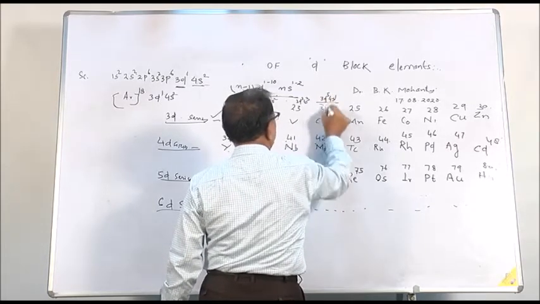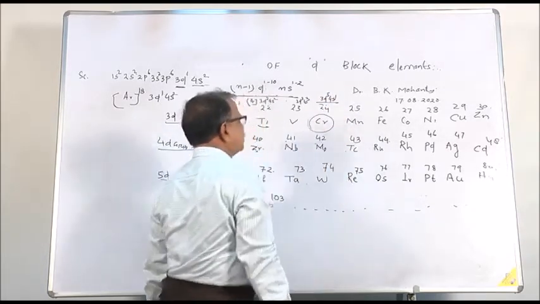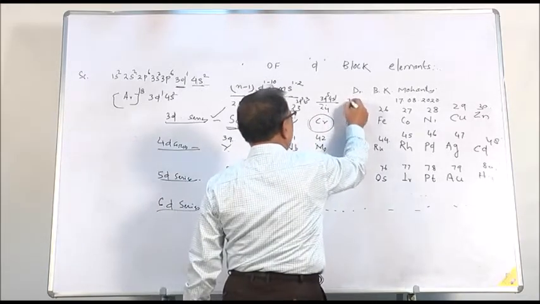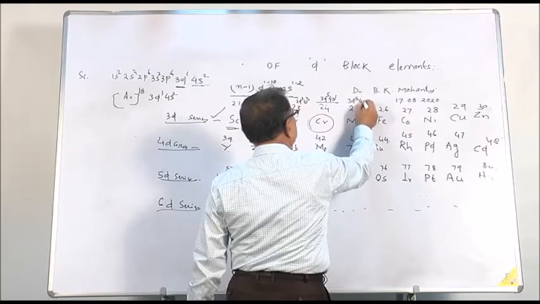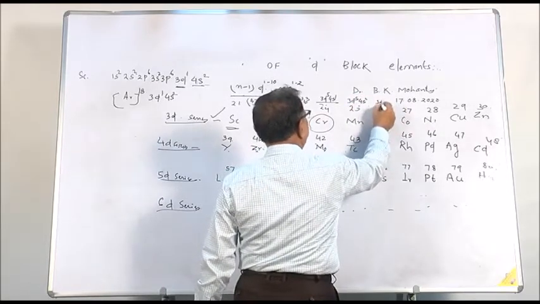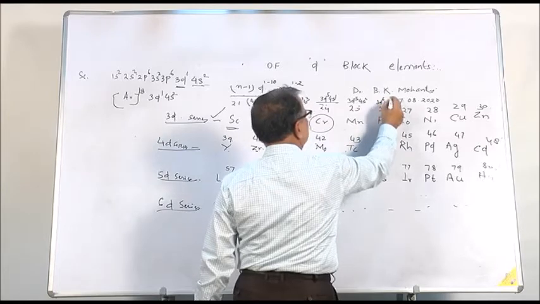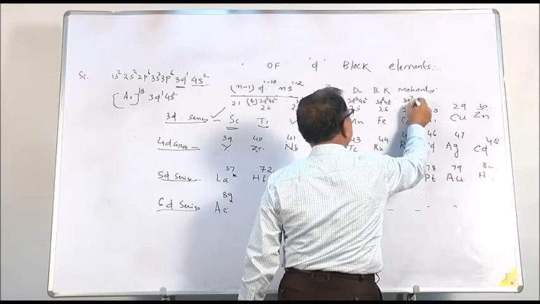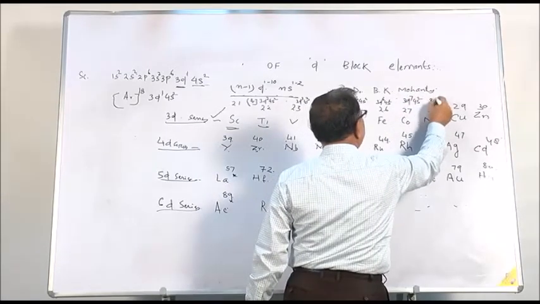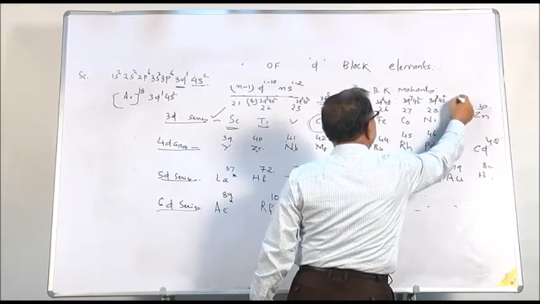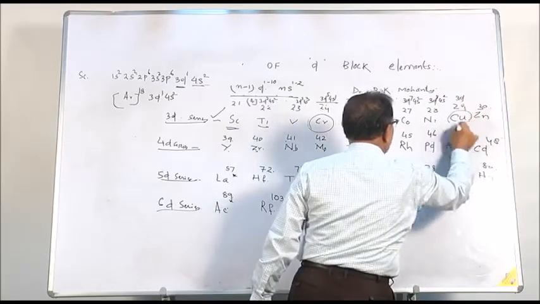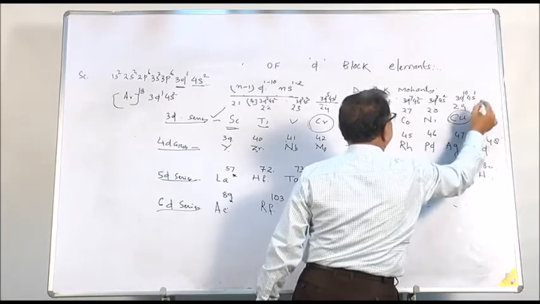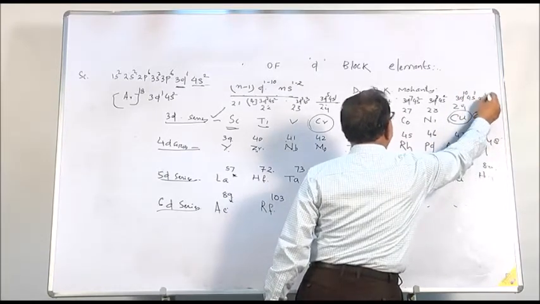It is exceptional and important. Then manganese 3d5, 4s2, iron 3d6, 4s2, cobalt 3d7, 4s2, nickel 3d8, 4s2, copper is exceptional, 3d10, 4s1, and zinc is 3d10, 4s2.